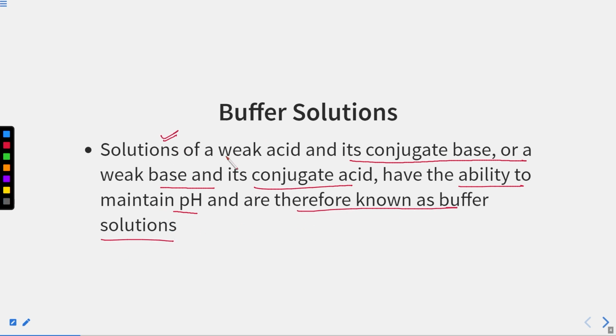So a solution of a weak acid and its conjugate base, or a weak base and its conjugate acid, has the ability to maintain the pH. The solution that maintains its pH, not changing its hydrogen ion concentration at a particular point, is known as a buffer solution.